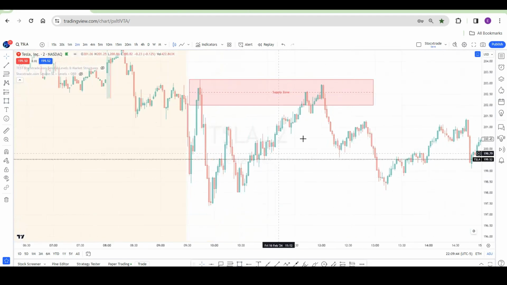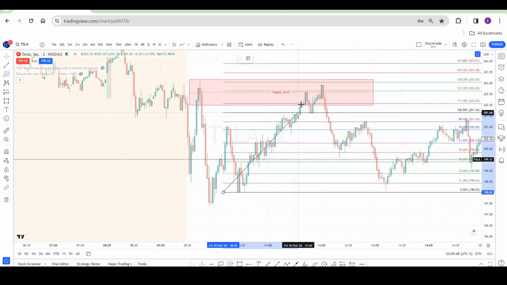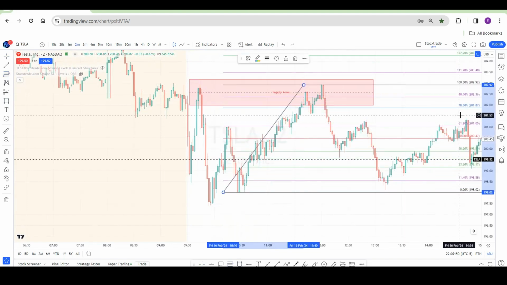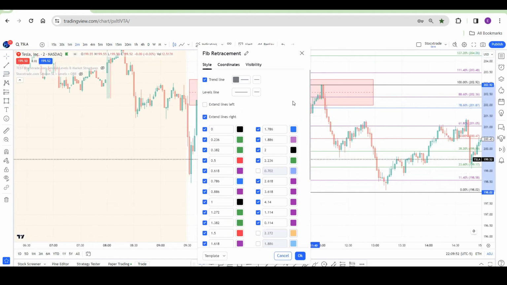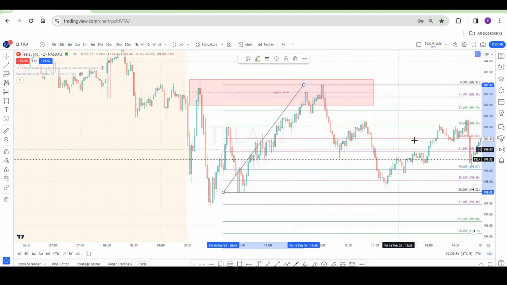Now there can be two scenarios. The first one might be the price will just retrace back from the 38.2% somewhere here. Suppose I reverse it around 38.2, even this is 50%. But what I do, I want to see if the price is reaching up to the supply zone.